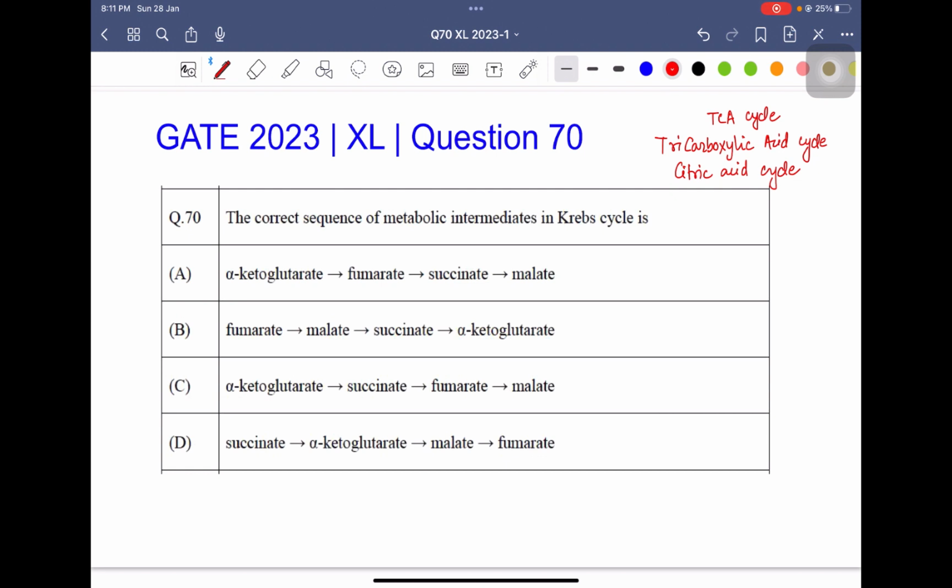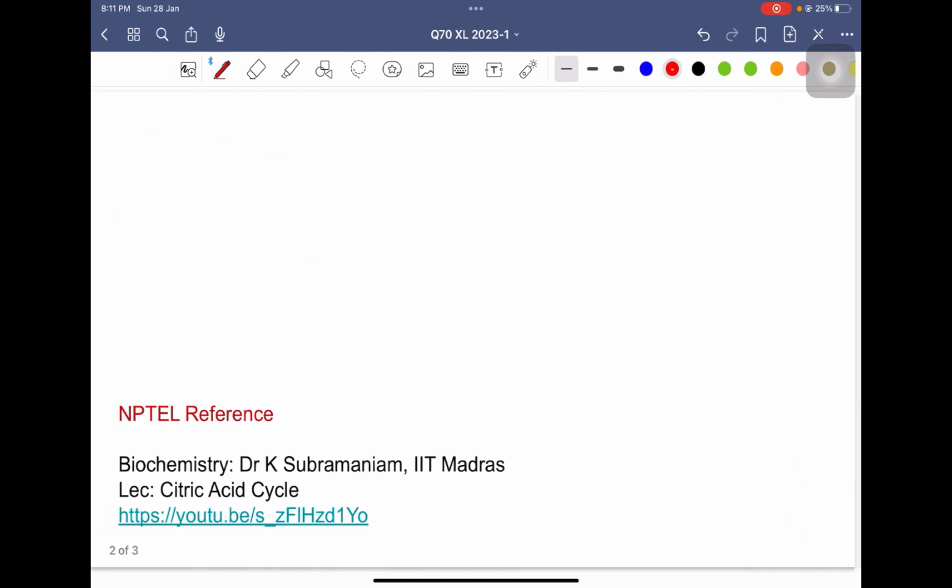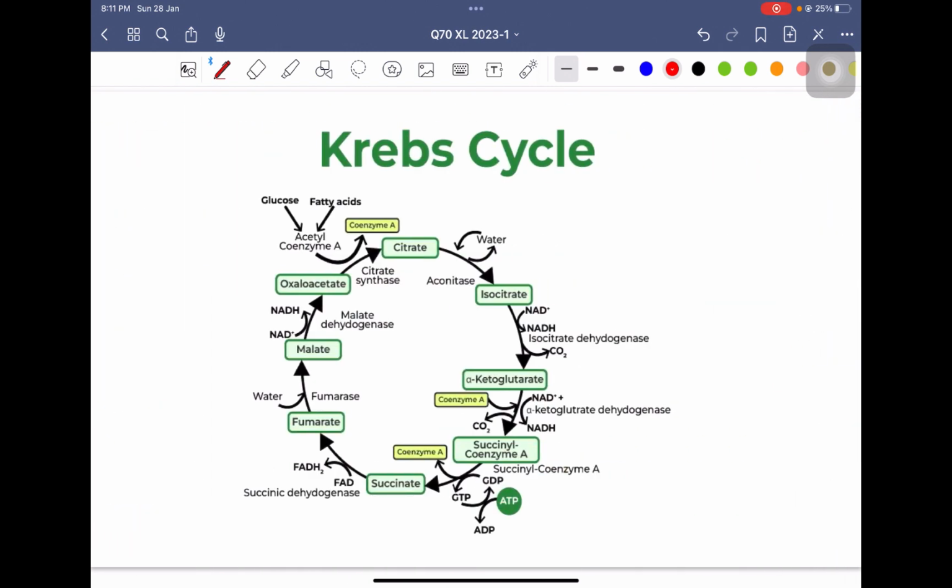But this pyruvate enters into the mitochondria, and there it combines with acetyl coenzyme A and forms the first stable intermediate of the Krebs cycle, which is the citrate or citric acid. So that is why it is also called citric acid cycle.